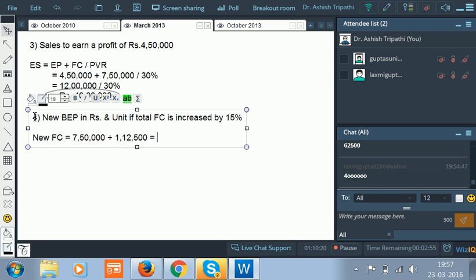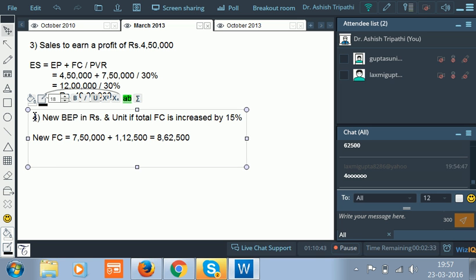So that is the 15% of 7,50,000. So that will be, let us calculate 7,50,000 plus 1,12,500, 8,62,500. 8,62,500 is our new fixed cost.